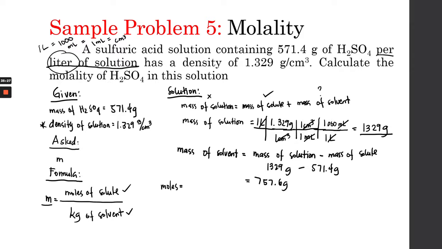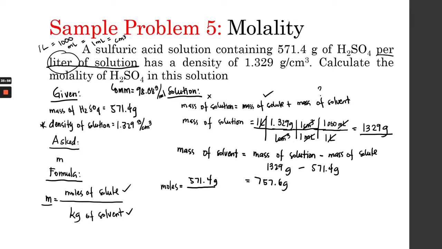So we have the mass of our solute, which is 571.4 grams. What we need is the molecular mass of H2SO4. And the molecular mass of H2SO4 is actually 98.079, or let's just say 98.08 grams per mole.